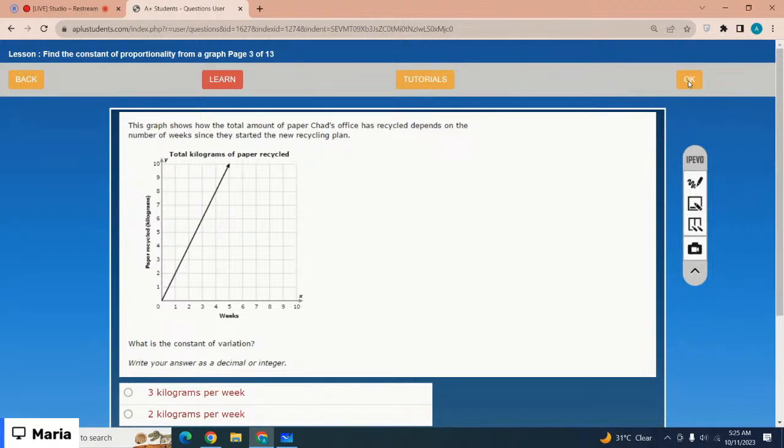Option 1. Let's select any 2 points on the graph. This one and this one. 6 divided by 3, yes, the second one is the correct option. That is 2 kilograms per week, not 3.